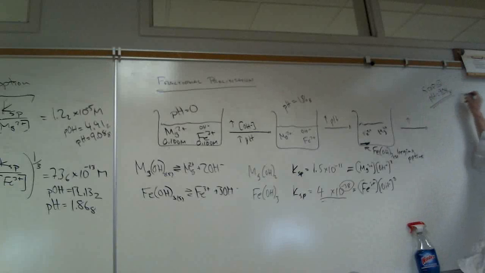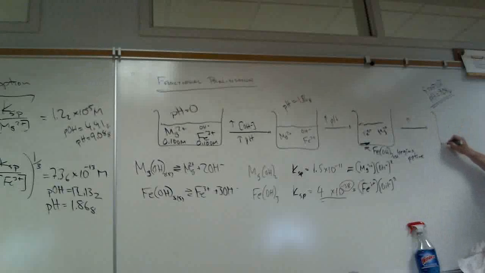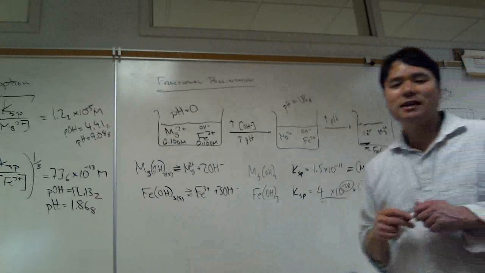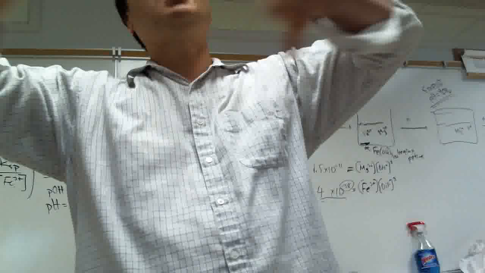Stop at pH 9.088, because if we stop at this pH, then the magnesium becomes saturated with hydroxide, and just a little bit more hydroxide will start to precipitate it out. If we continue increasing the pH, then both iron 3 and magnesium 2 plus precipitate. We don't want that, because we want to separate the iron from the magnesium.